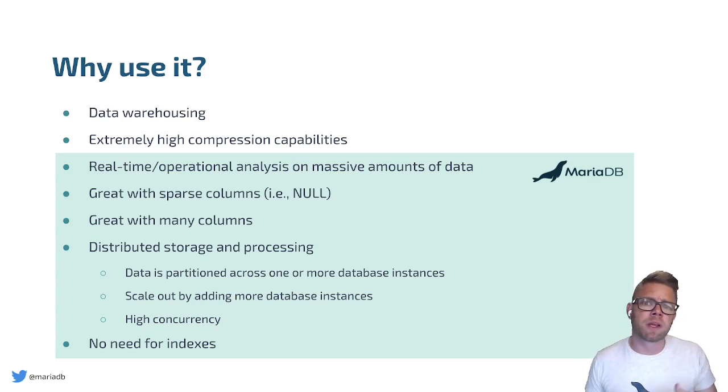That's ultimately a really big benefit of using ColumnStore within MariaDB: the ability to do real-time, or what we could think of as operational, analysis on a large amount of data. And diving a little bit deeper, you get benefits like being able to handle null values or sparse data extremely well. It's great with a large number of columns.